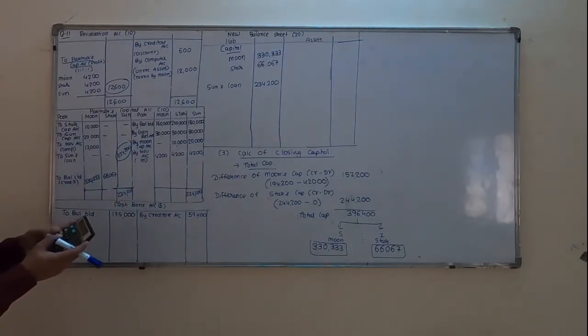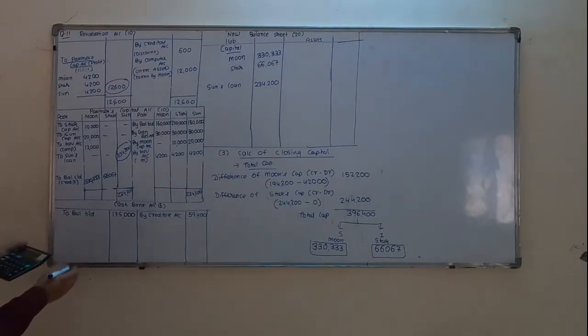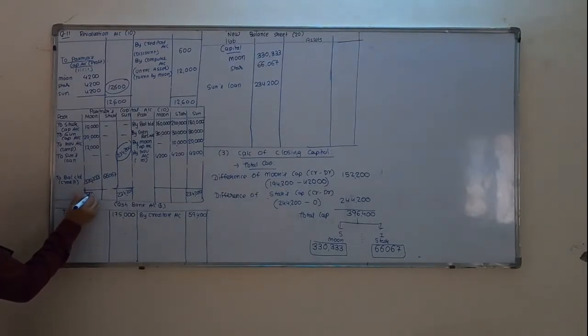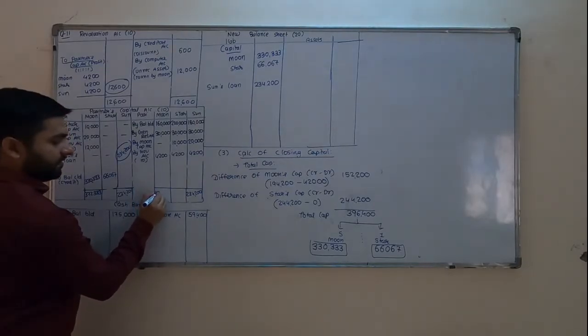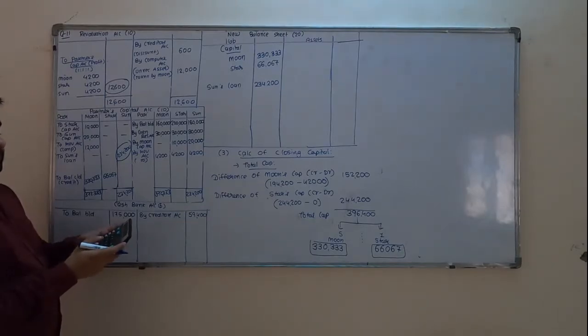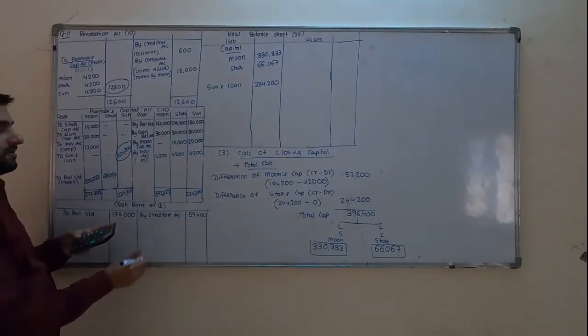So we will take the total of the debit side of Moon: 10,000, 20,000, 12,000, 330,333 is 372,333. 372,333 minus 1,60,000, 30,000 and 4,200.